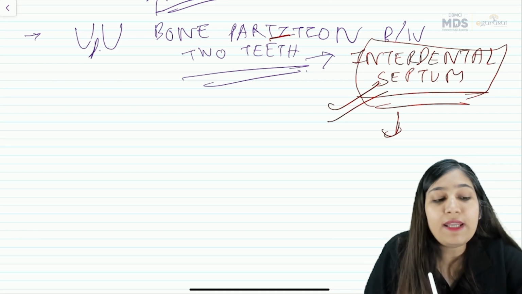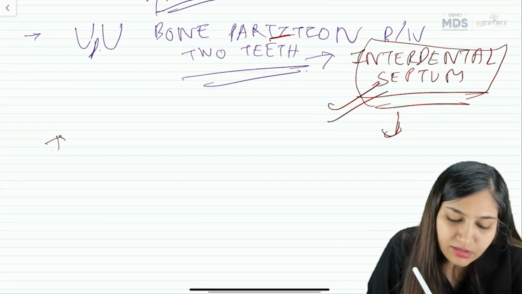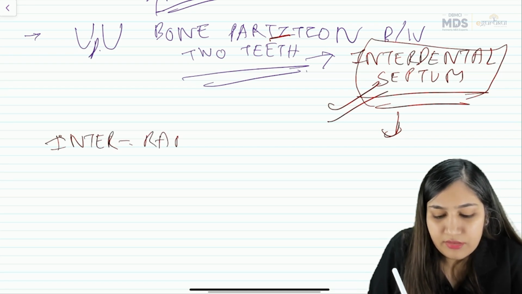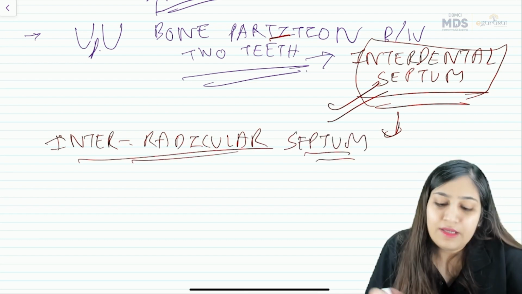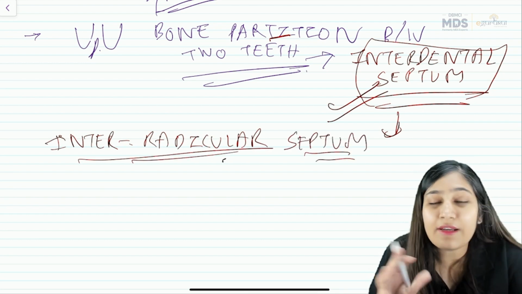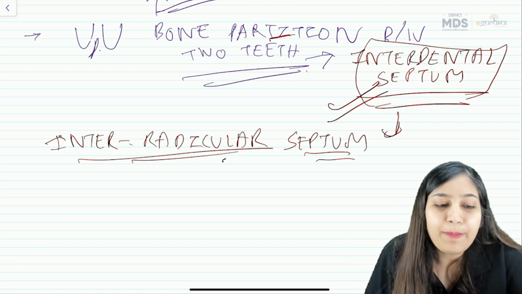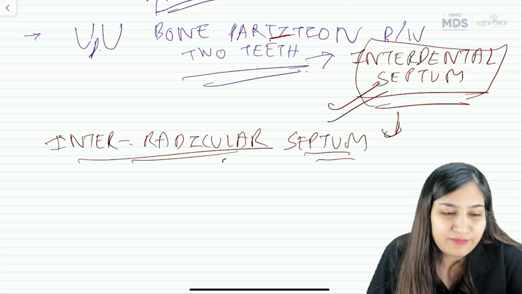Now coming to interradicular septum. Again, it is made up of cribriform plate. From the word itself we can say it is present between the roots of multi-rooted teeth.